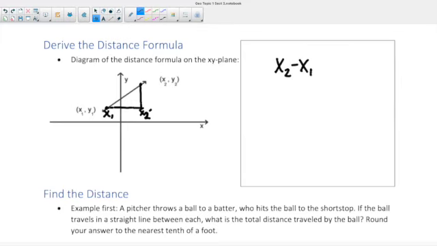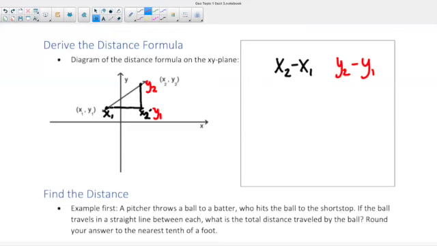That would give us that distance for the horizontal. Now for the vertical, this point down here is at Y1, and the point up here is at Y2. So we could find the vertical distance by doing Y2 minus Y1.